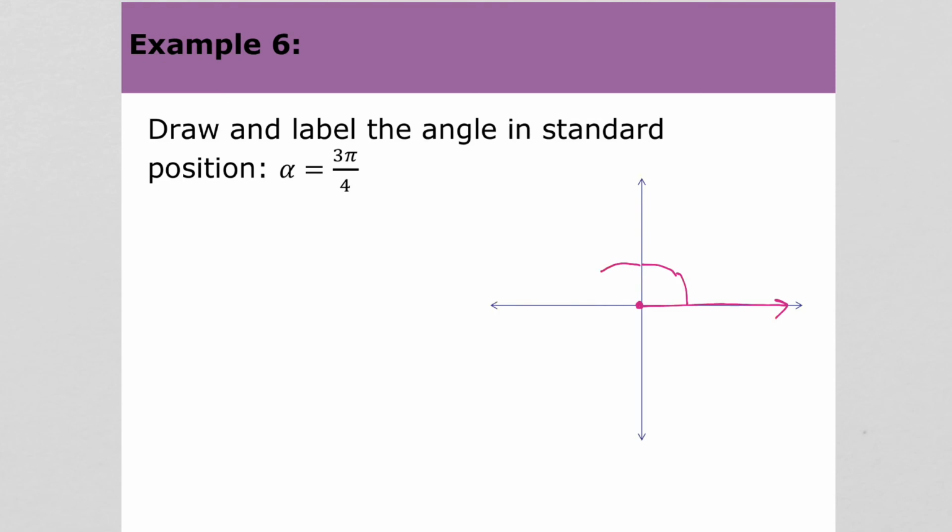Another pi over 4 gets us to 3 pi over 4. You see how I count that? 1, 2, 3. So there's 3 pi over 4. It is halfway between pi over 2 and pi.